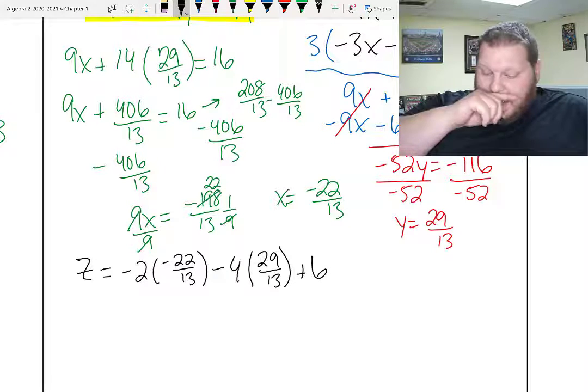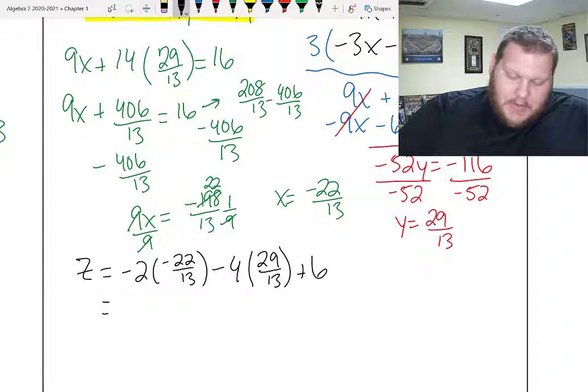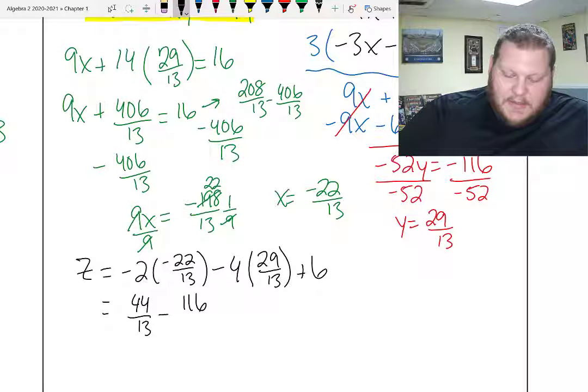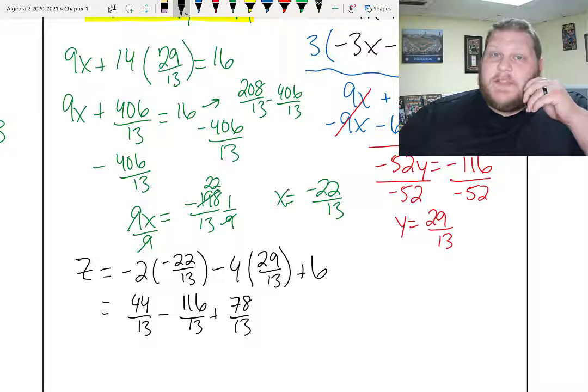So we've got, let's see, a positive 44 thirteenths minus 116 thirteenths, and just for the sake of getting like terms together, plus 78 thirteenths. That's just 13 times 6.